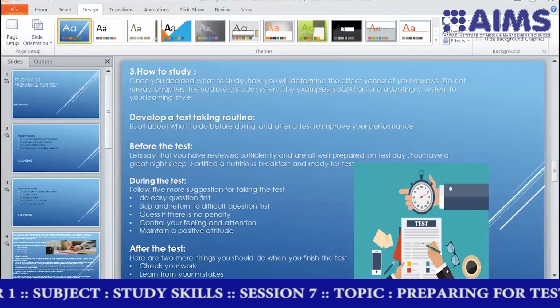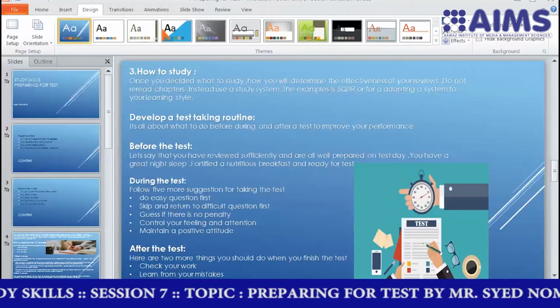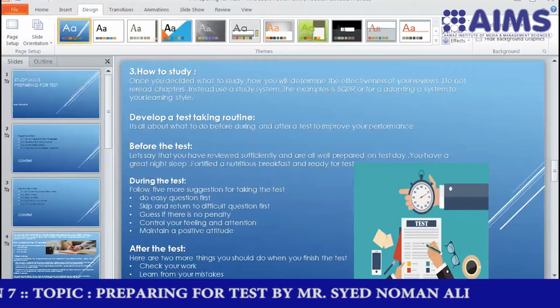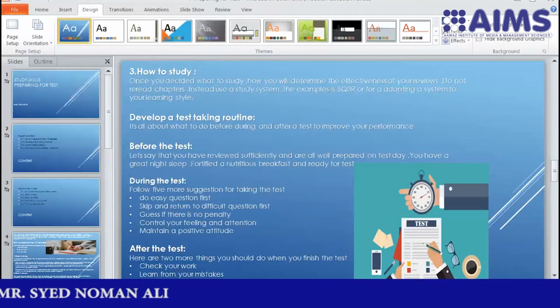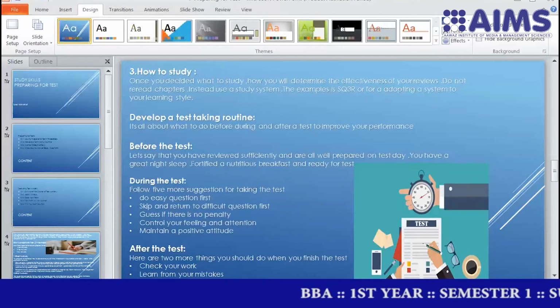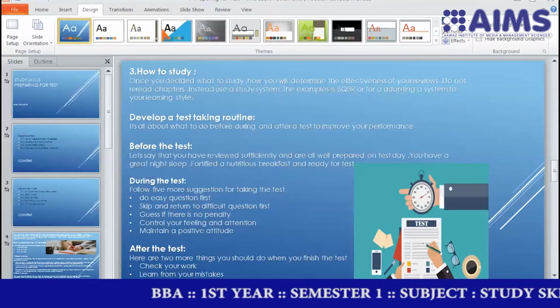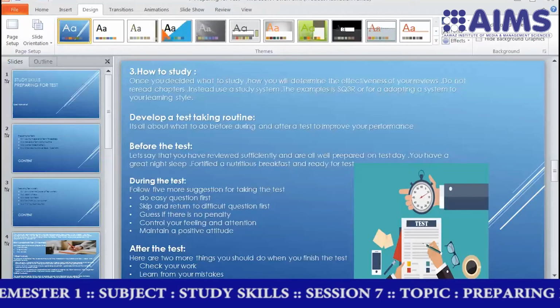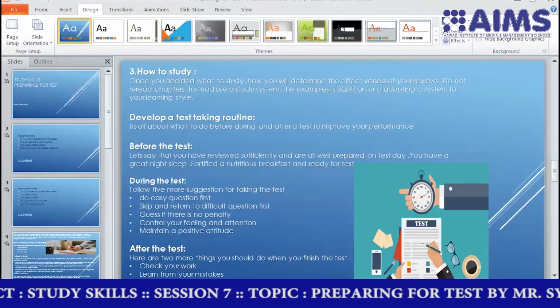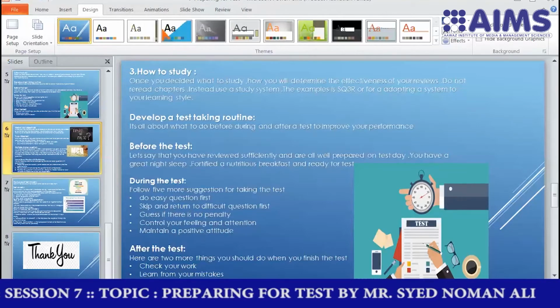So before the test, control your anxiety and stress. During the test, follow these suggestions: attempt the easy questions first and don't create panic. After the test, check and review your test paper, then learn from the mistakes and correct yourself.